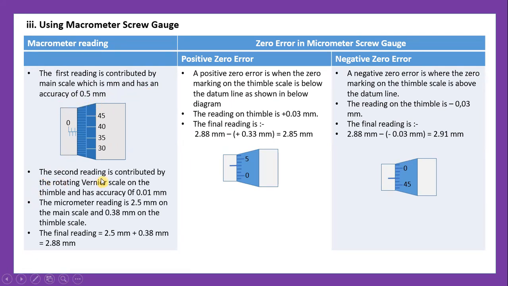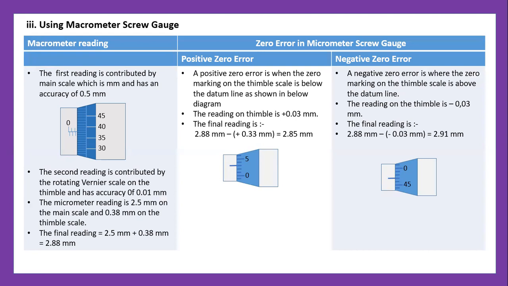The second reading is contributed by the rotating vernier scale on the thimble and has an accuracy of 0.01 millimeter. The micrometer reading is 2.5 millimeter on the main scale and 0.38 millimeter on the thimble scale. The final reading is 2.5 millimeter plus 0.38 millimeter, which gives 2.88 millimeter.